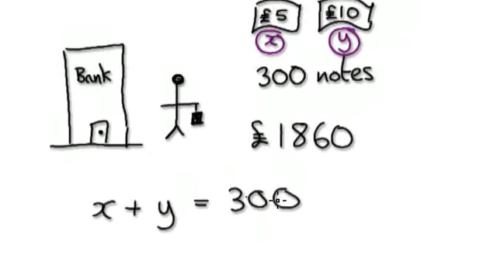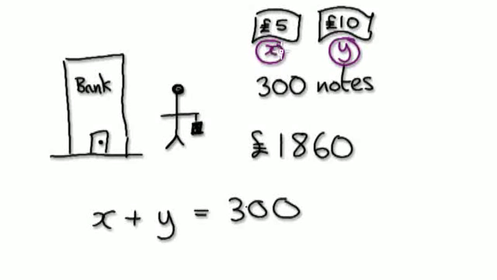And now we've got to look at the value here. Now, if x represents the number of £5 notes, if you get x times 5, now we are looking at the value. 5 times the number of £5 notes, plus the number of £10 notes times 10, that will give you the value for this part.